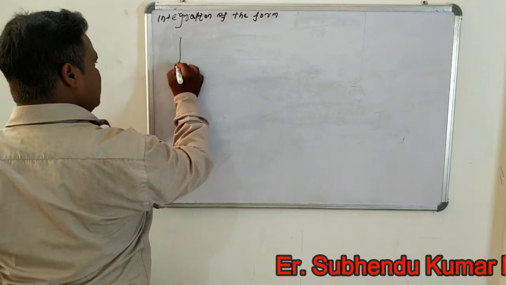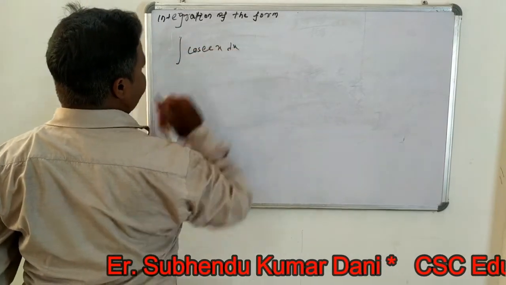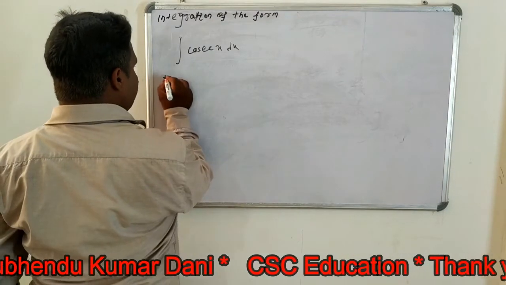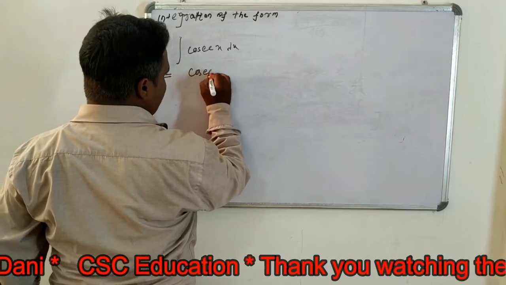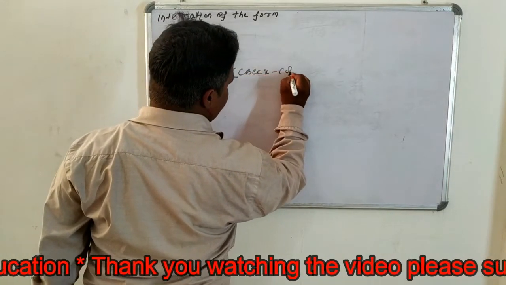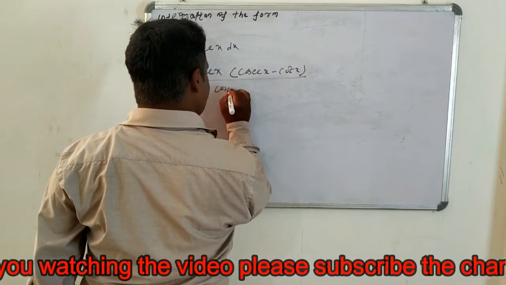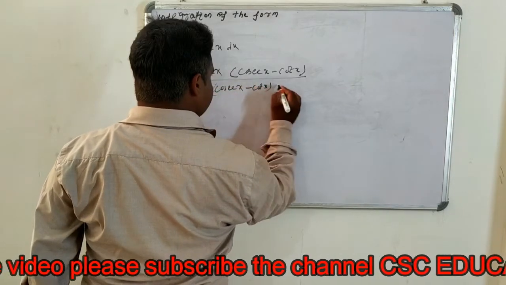In the integration of cosec x, using the square relation, in the upper part we multiply and divide by the similar factor, cosec x minus cot x, dx.